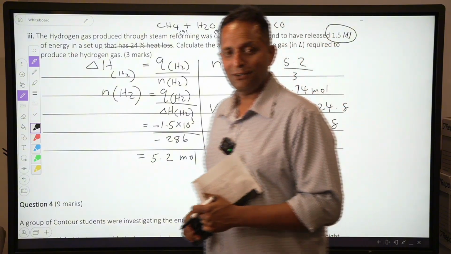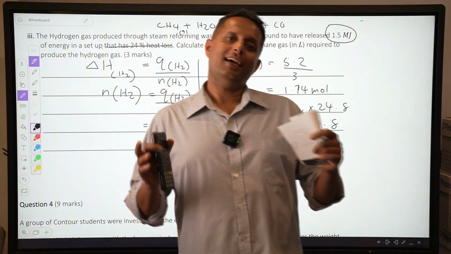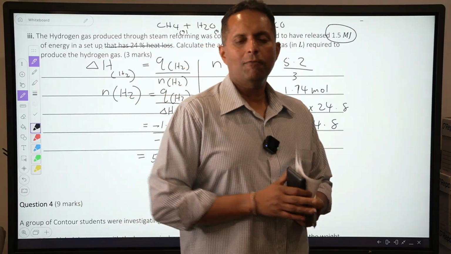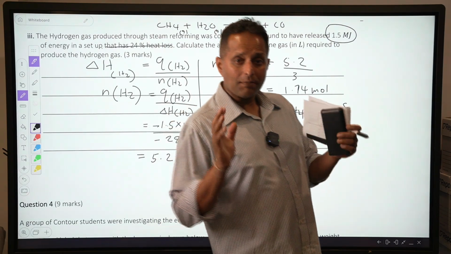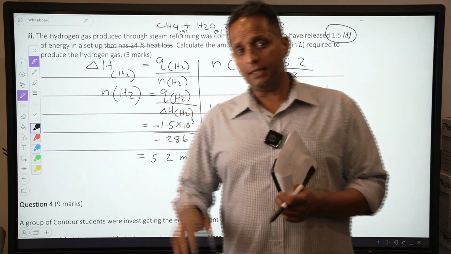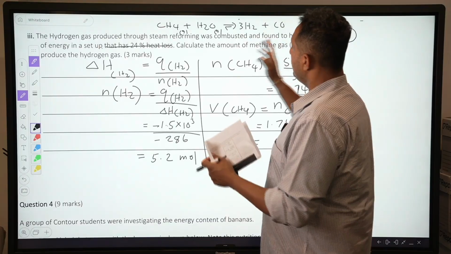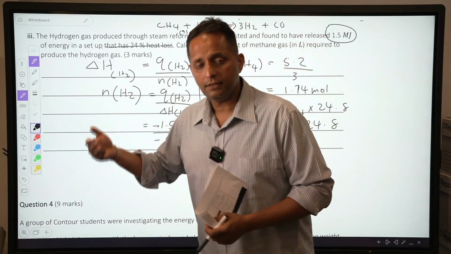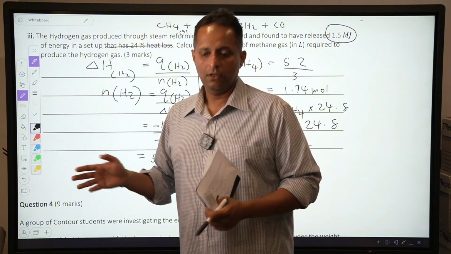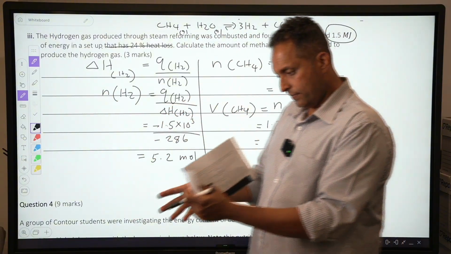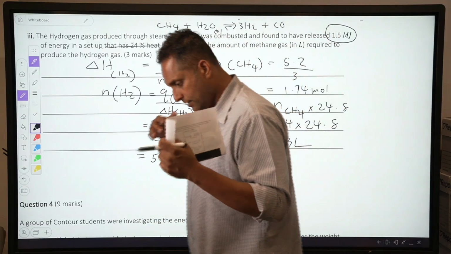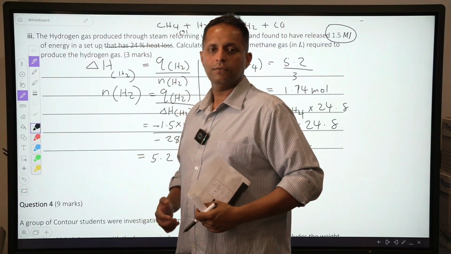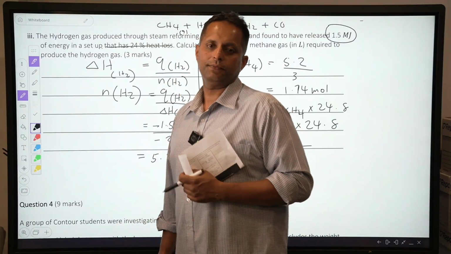All the energy the hydrogen has released has been captured so that we could measure it. That is the assumption in this question. In other words, there is no heat loss. We could capture it, we could measure it. Is that clear?